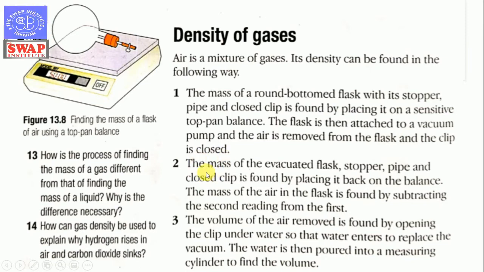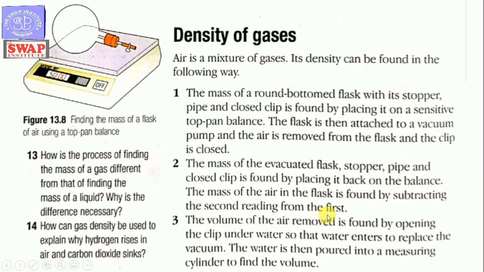The mass of the evacuated flask, stopper, pipe and closed clip is found by placing it back on the balance. The mass of the air in the flask is found by subtracting the second reading from the first.